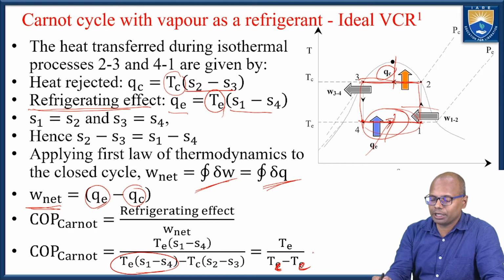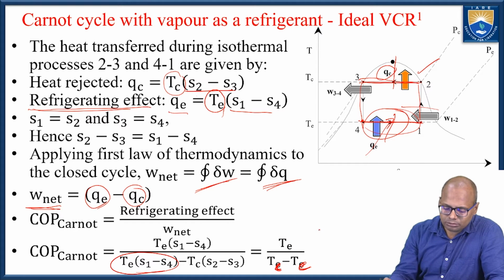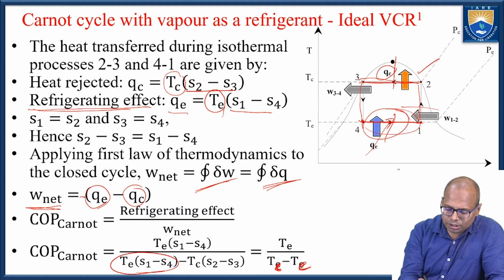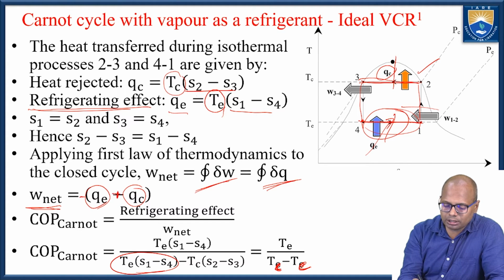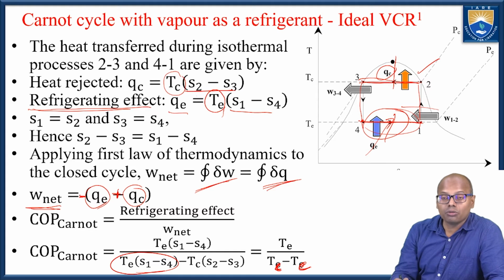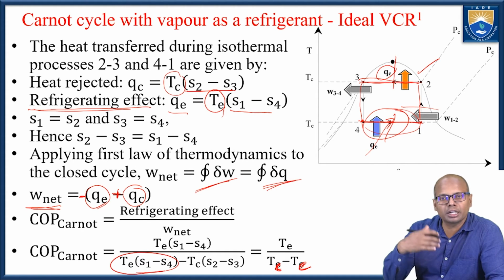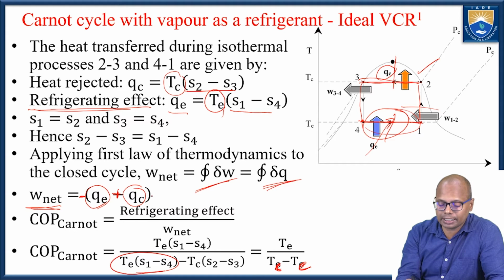The condenser temperature is higher and the evaporator temperature is lower, so this is minus and this is plus. Here the net work done is nothing but the net heat rejected. So the heat rejected QC is more than QE. The heat rejected in the condenser is more than the heat absorbed in the evaporator.